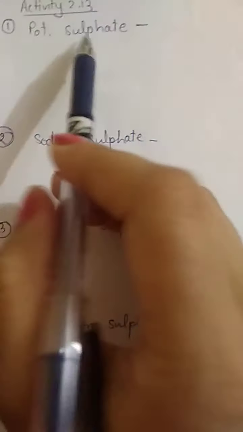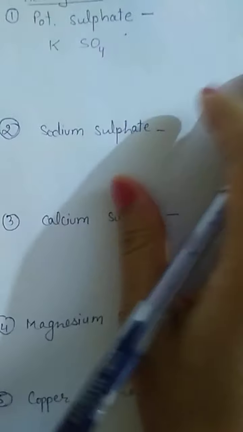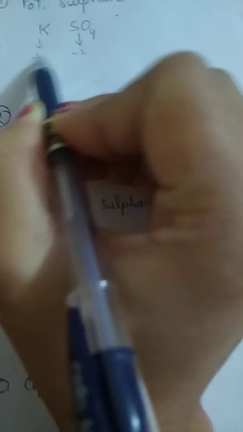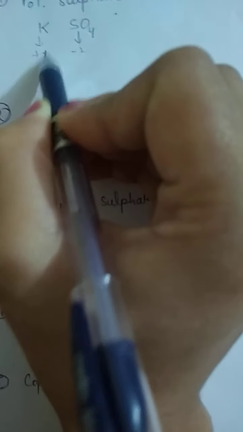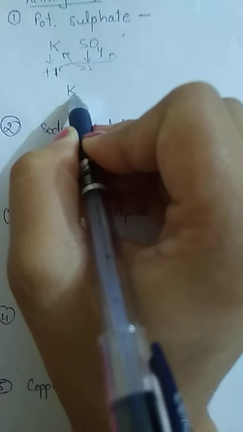So first is potassium sulfate. Potassium K, sulfate SO4. The valency of sulfate is -2, and of potassium is +1. So when you write, the valencies cross over. We have studied in 9th class how to write chemical formula.